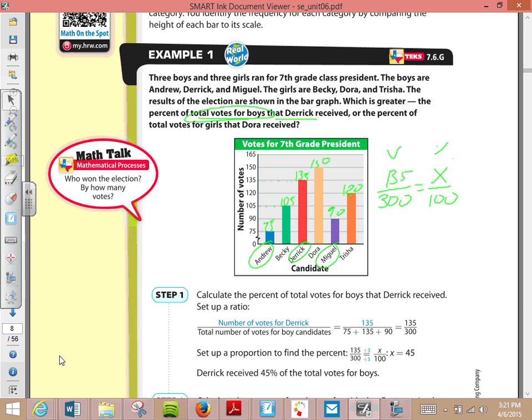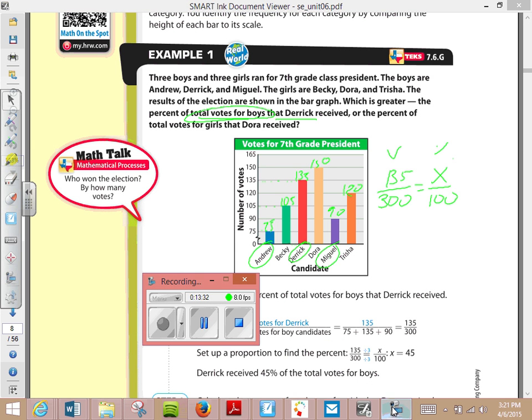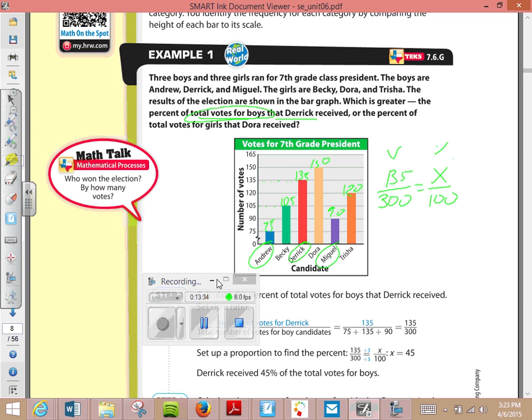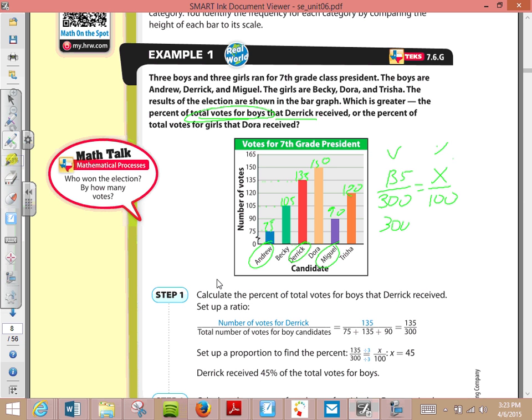Go ahead and do that one. So when you cross multiply and divide, you get 300x equals 135,0, divided by 300, x equals 45. That means you got 45% of the votes out of the boys only.